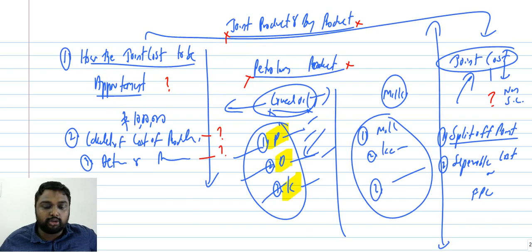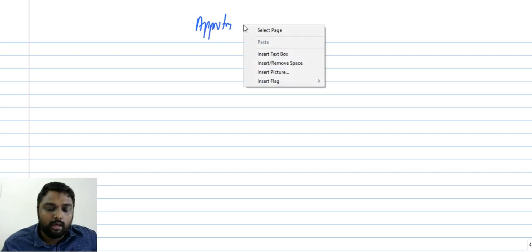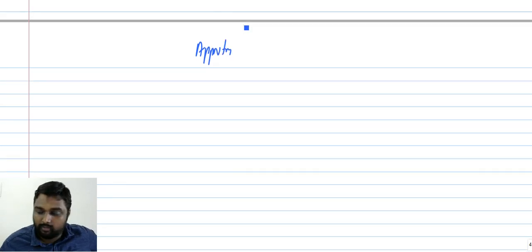So we have discussed the first point, how the joint cost is to be apportioned: apportionment of joint cost.